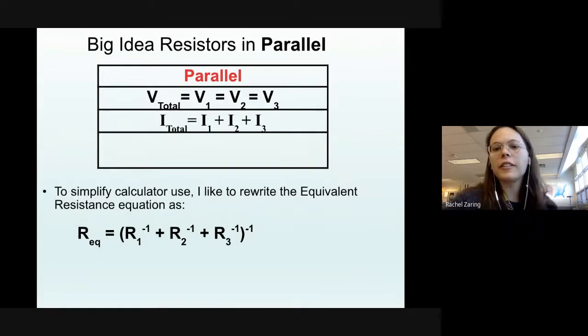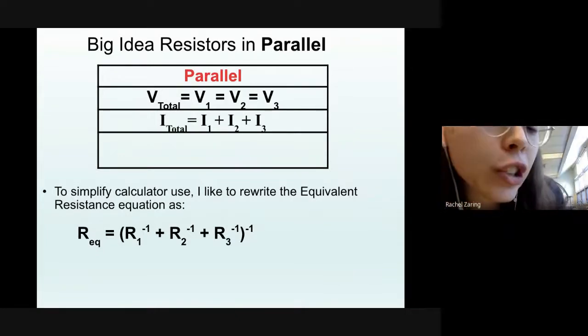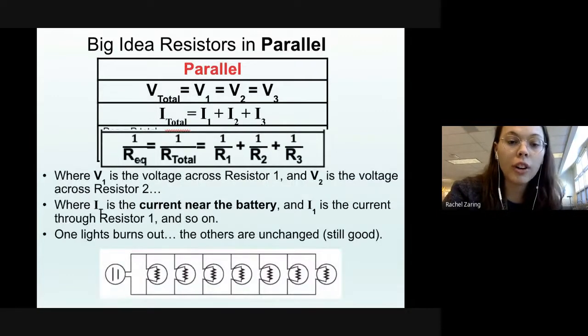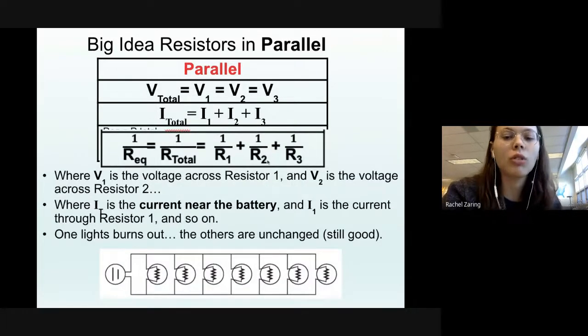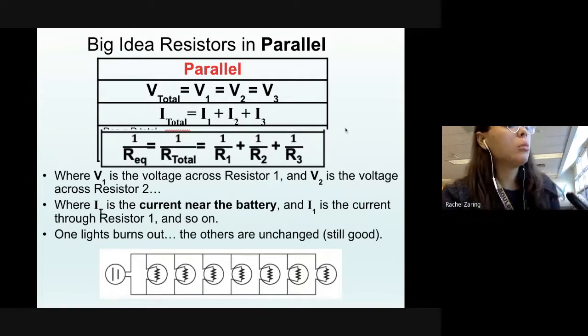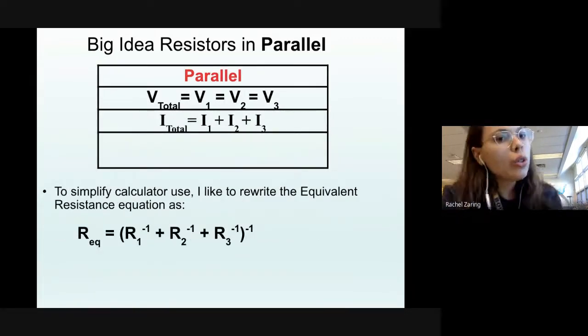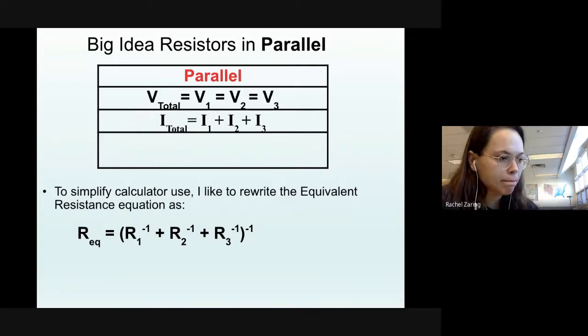Okay, so a little bit of calculator simplification for your equation. This 1 over R equivalent equals 1 over R1 plus 1 over R2 plus 1 over R3. I just want to show you in your calculator that instead of doing 1 divided by, there is a lovely inverse button.